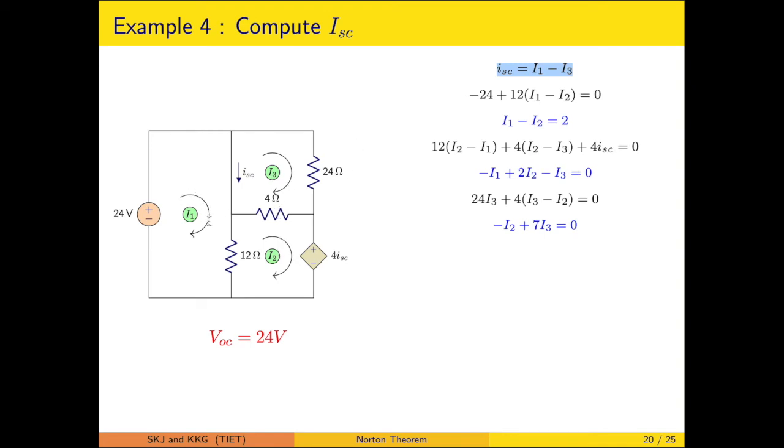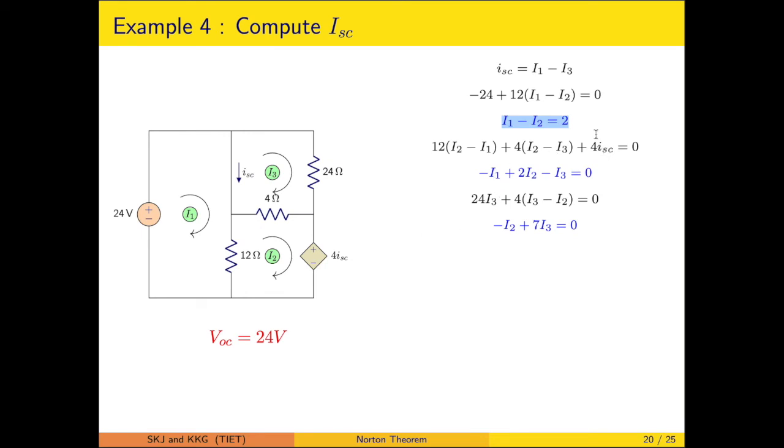Writing the KVL around this gives minus 24 plus 12 into I1 minus I2 is equal to 0. This simplifies and rearranges to I1 minus I2 is equal to 2. On similar lines, the equation for the second mesh: 12 into I2 minus I1 plus 4 into I2 minus I3 plus 4 ISC is equal to 0.